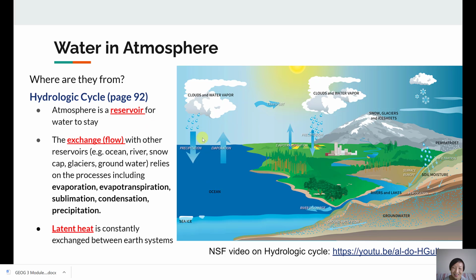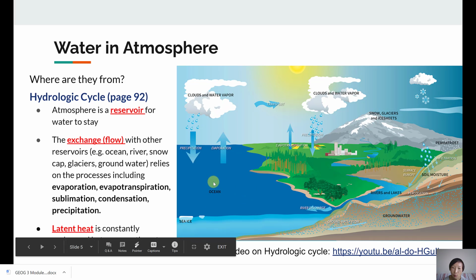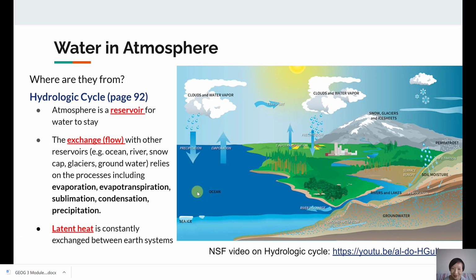So you can see, imagine you have a water droplet in the ocean. Through evaporation, that water will become atmospheric water, right? And then through condensation, that will become cloud and liquid droplets in the cloud.